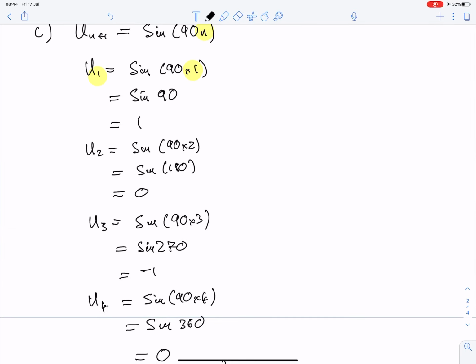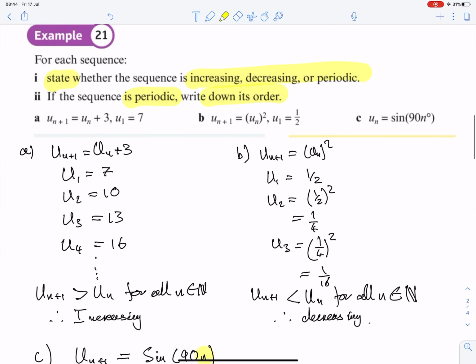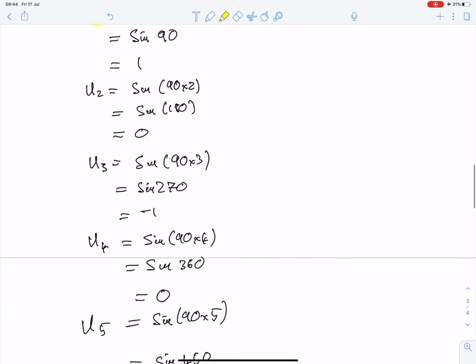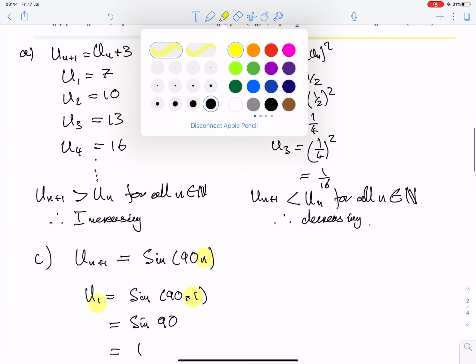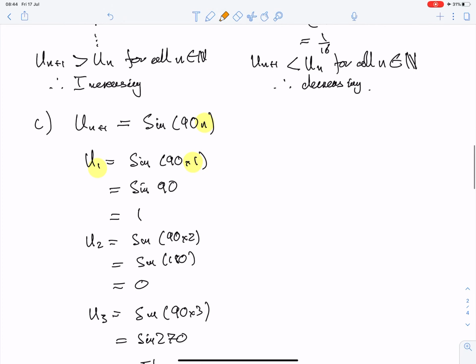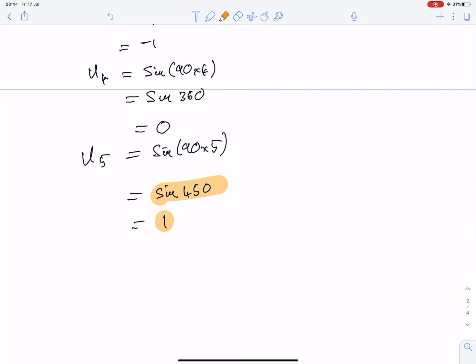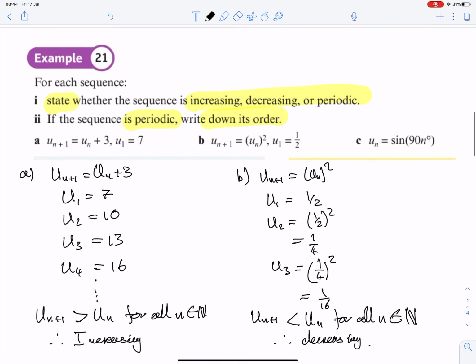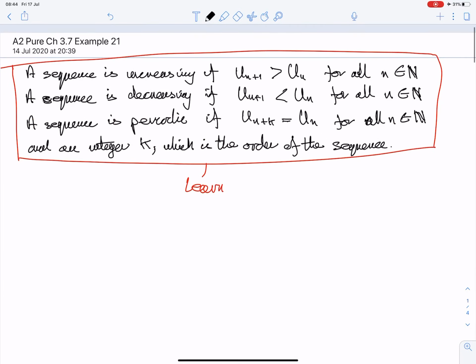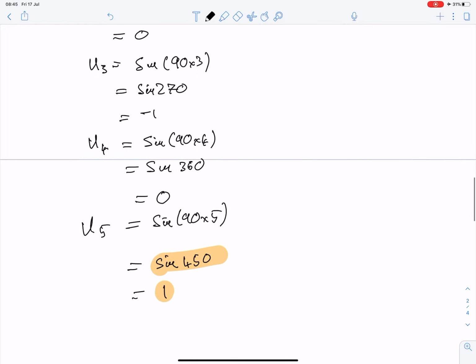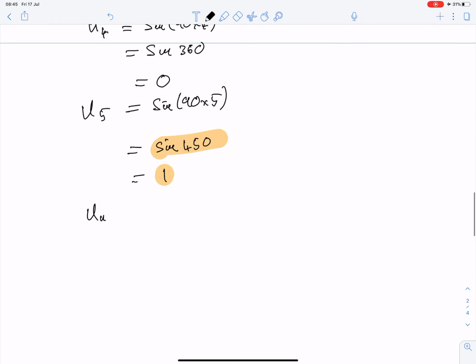And now we've got our oscillating or periodic sequence, because we're going from sine of 90, which is 1, to sine of 450, which is 1. We could produce a few more terms, but because we know the sine wave, we can be fairly confident now of writing down that un plus k is equal to un.